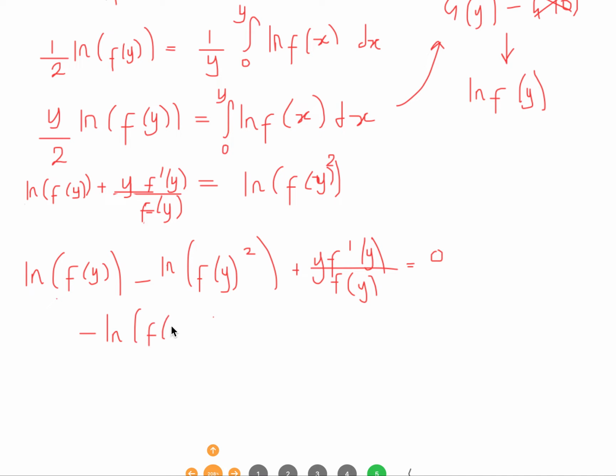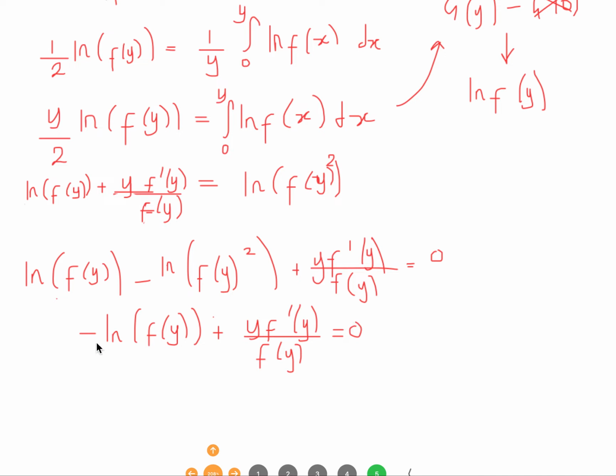If you're not too sure where that's come from, just write it out. Literally do ln of a divided by b, and you'll see that you'll end up with something like this. So plus y f dash of y over f of y equals 0.